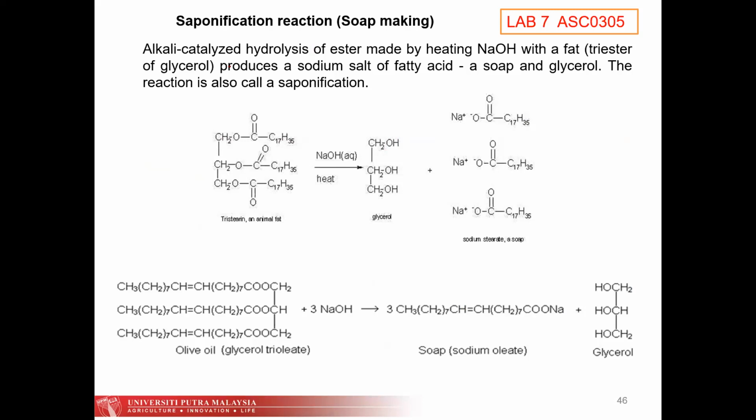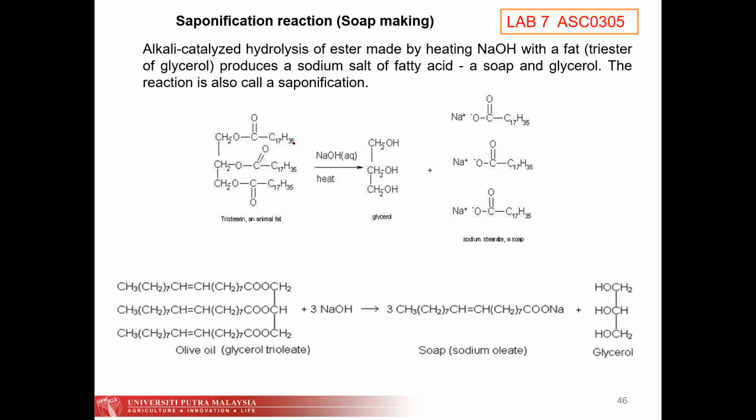Okay, and then alkali catalyzed hydrolysis of ester, made by heating sodium hydroxide with a fat, a triester of glycerol, produces the sodium salt of fatty acid, a soap, and glycerol. The reaction is also called saponification. So this is the reaction involved in making soap.